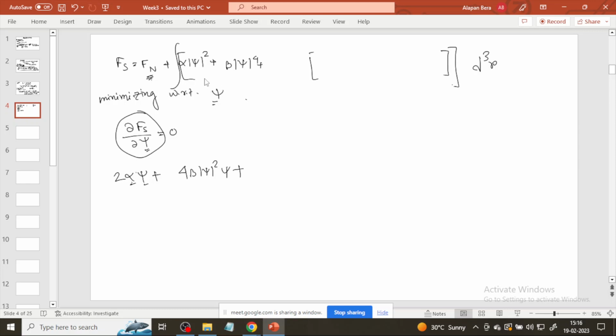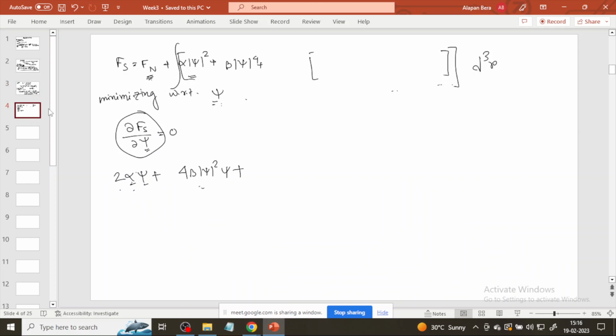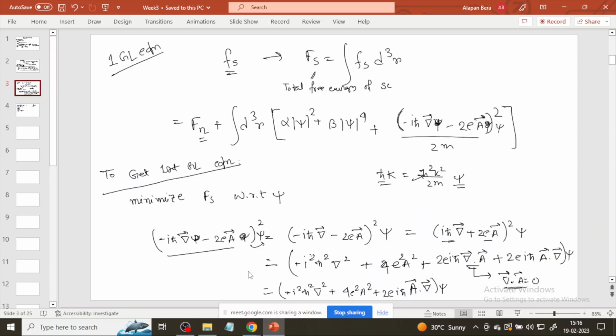So obviously the integrand of this term, when we take its derivative with respect to psi, this also has to be 0. So we are basically taking the derivative with respect to psi of this term and this term and this term. Okay, this term is inside this, so we are taking the derivative of this term also.